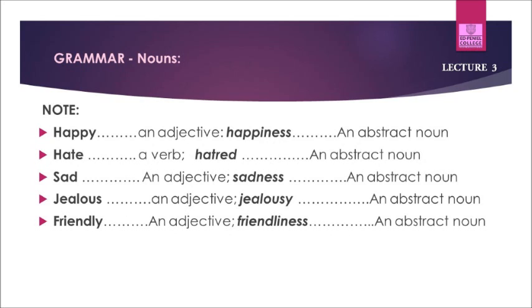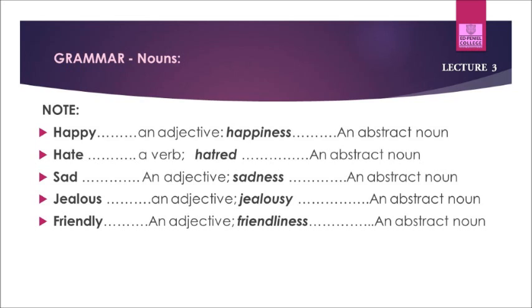Some examples of these nouns are love, hatred, jealousy, happiness, sadness, anger, smile, and so forth. But it's important to strike a difference in the way we write these nouns, because sometimes we are confused as to how the other form of that particular noun works. For example, we have happy.